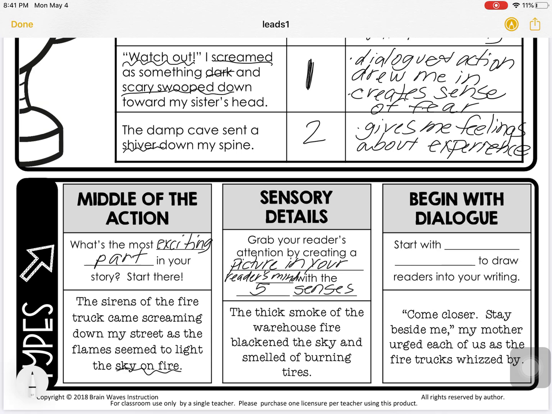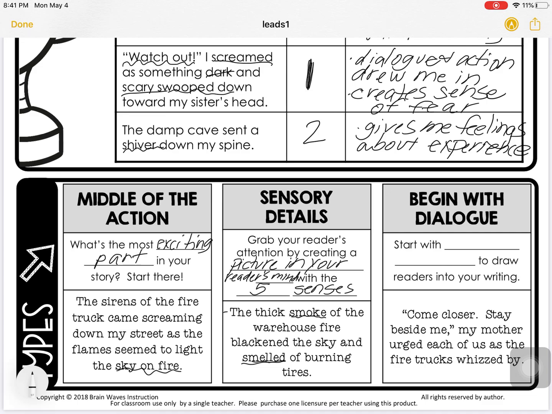Remember, your 5 senses are what you can see, smell, hear, taste, touch. So let's look at this example. The thick smoke, that's what you see, of the warehouse fire blackened the sky and smelled of burning tires. So we have what they see here and what they smell.